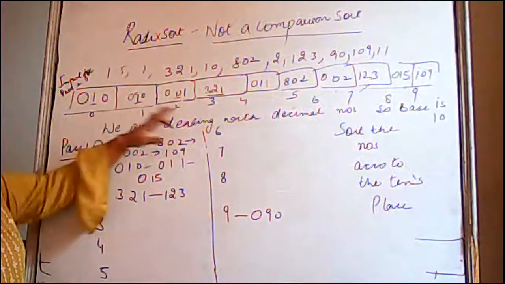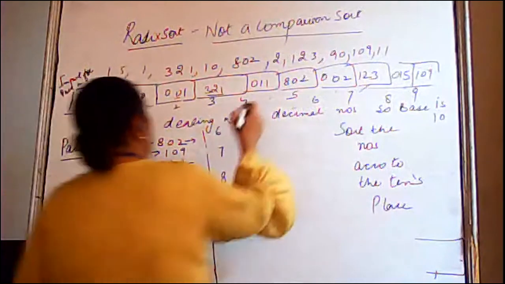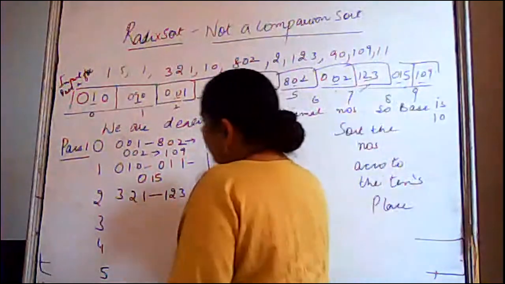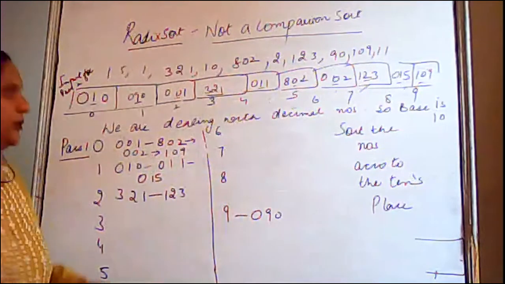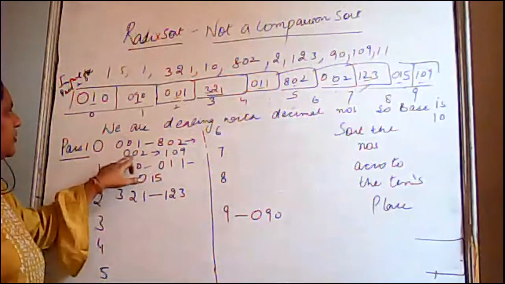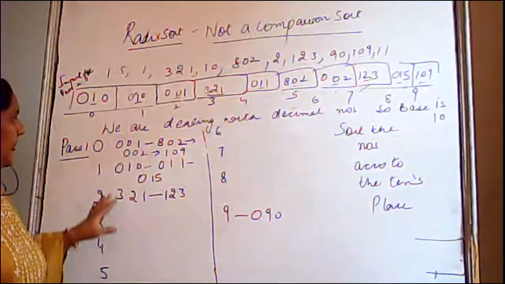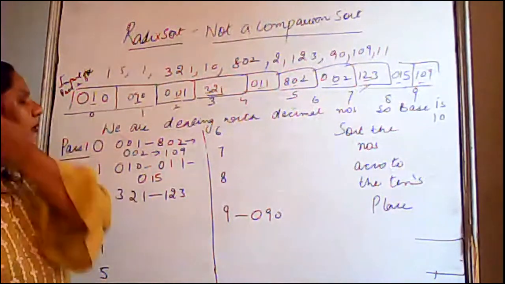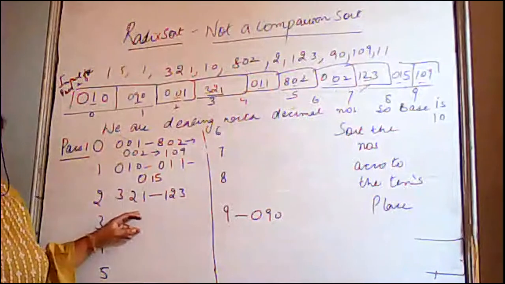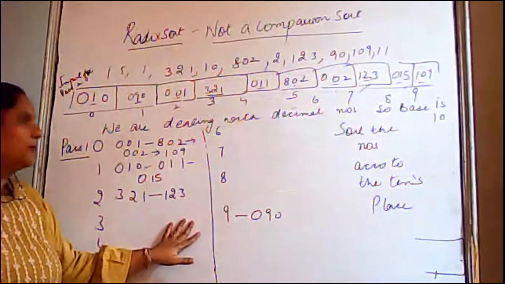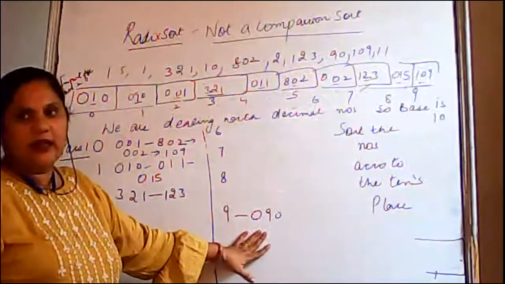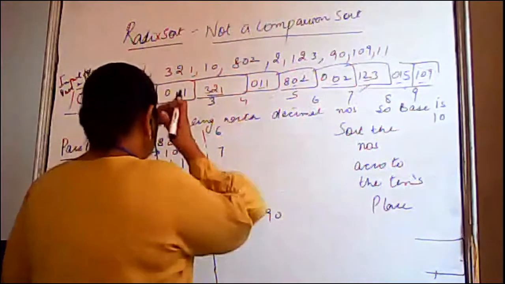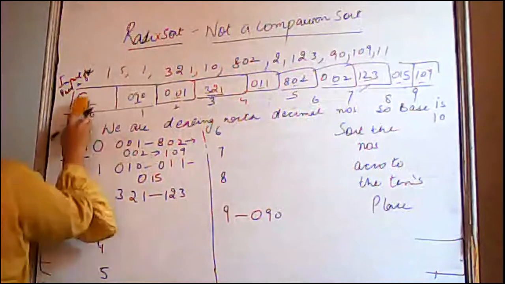You have to sort the numbers according to the tens place. So take the tens place of every number, and wherever it's satisfied, put it into that bucket. According to that, 001, 802, 002, 109, then 010, 011, 015. As you can see, 1 is in the middle position. 321, 123, 2 is in the middle position. Now 090, 9 is in the middle position. Now this will be popped one by one.